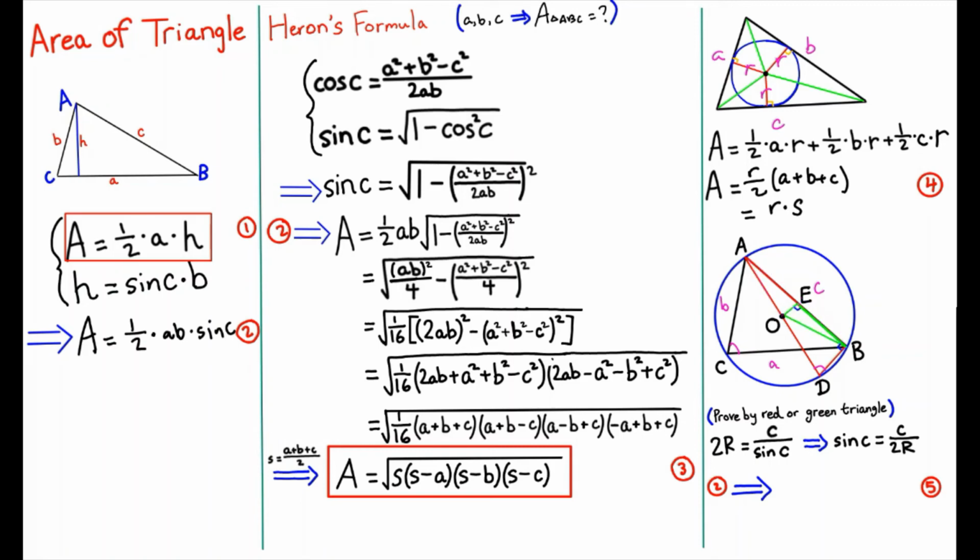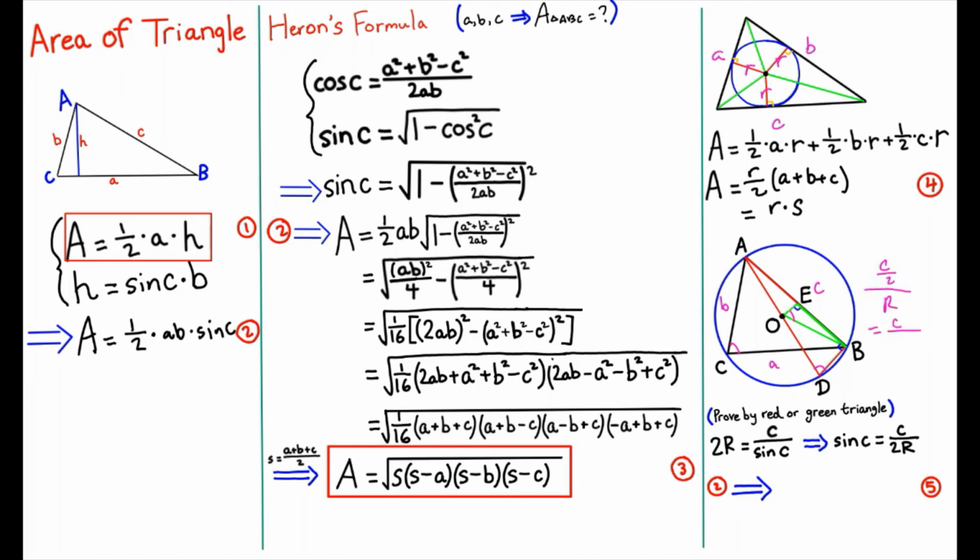Since this is c divided by 2, and this we know is R, we know that sine EOB over here is equal to c divided by 2 divided by R, which is also equal to c divided by 2R.